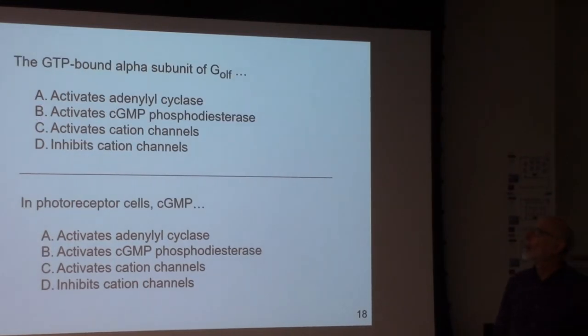The GTP-bound alpha subunit of G-olf activates adenylyl cyclase. The channels are activated by cyclic AMP. In photoreceptor cells, cyclic GMP, what does it do?